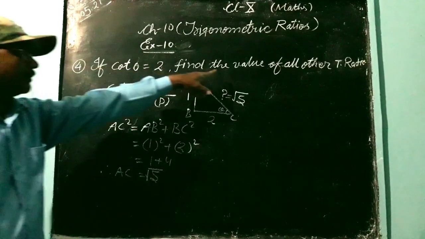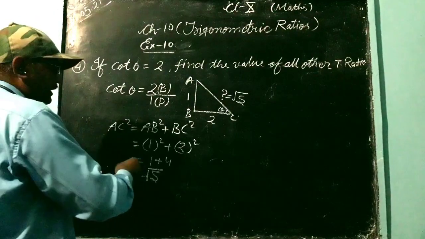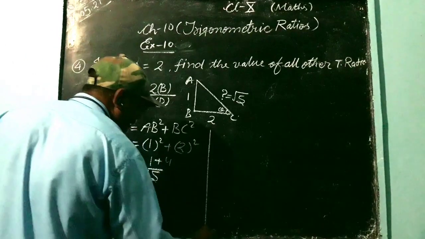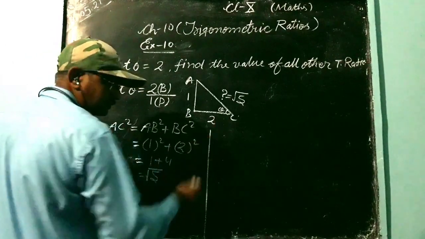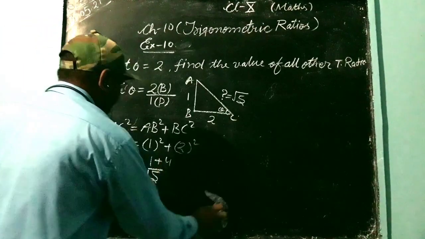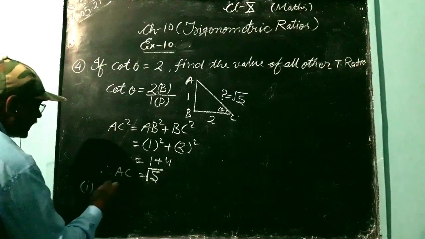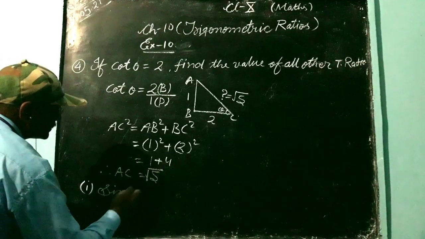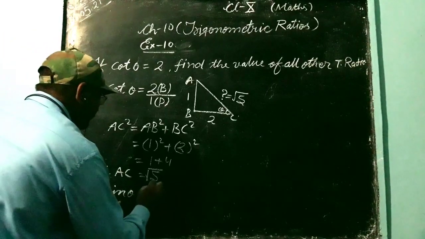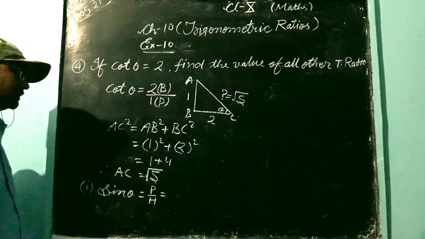Now find the value of all the other T ratios. First will be sin theta. Sin theta is equal to P upon H, perpendicular upon hypotenuse.